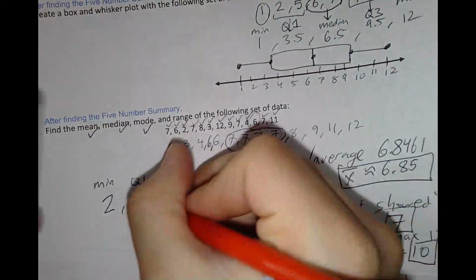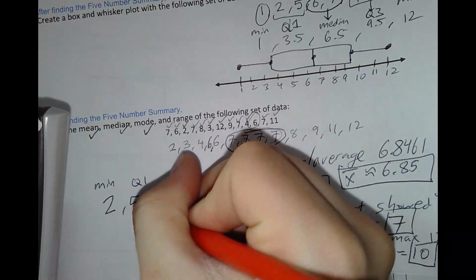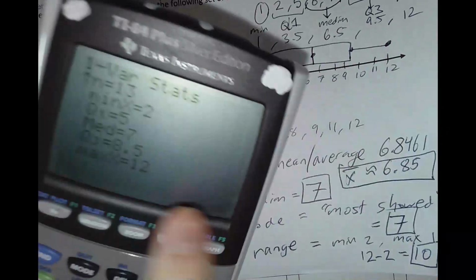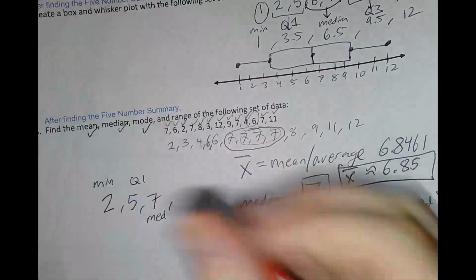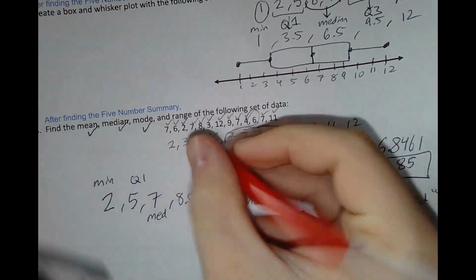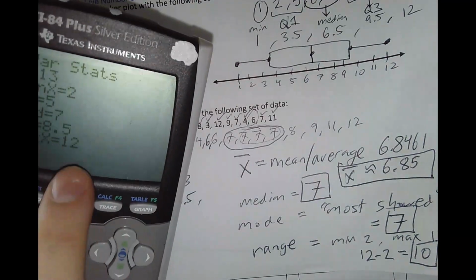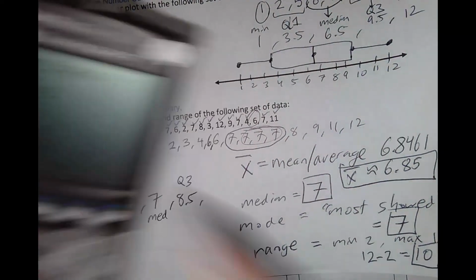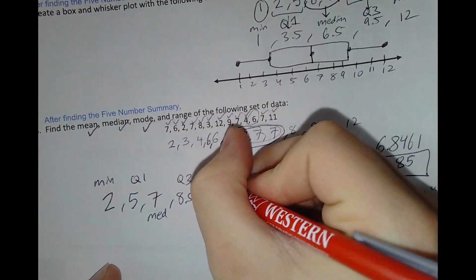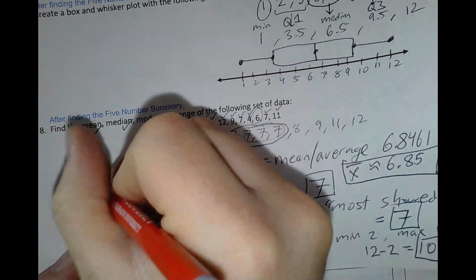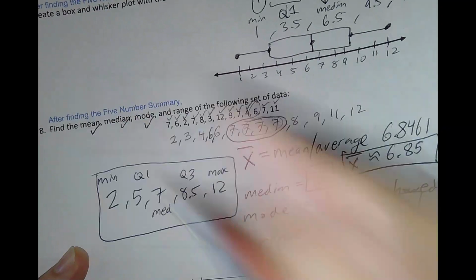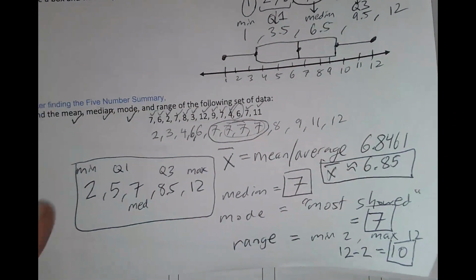The median is 7. Quartile 3 is 8.5. Maximum is 12. And we're done.